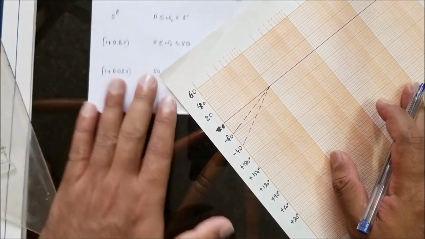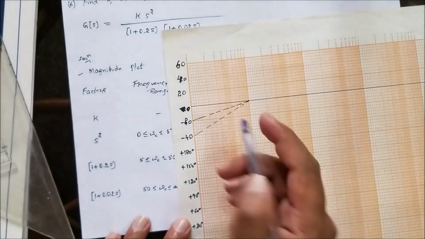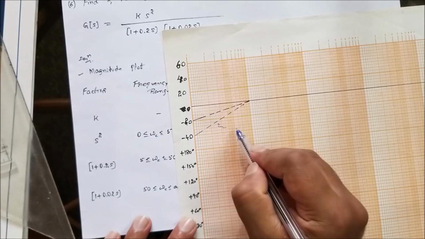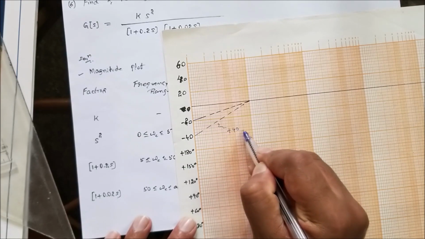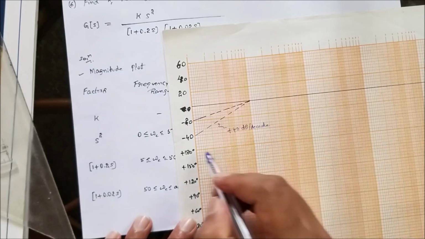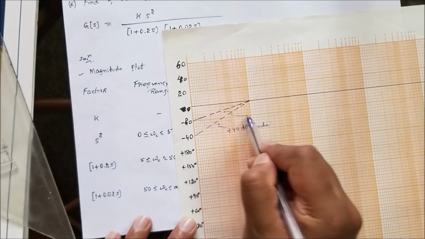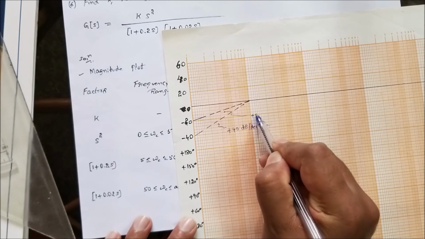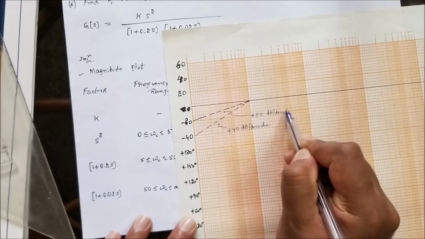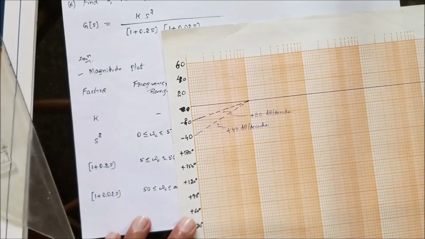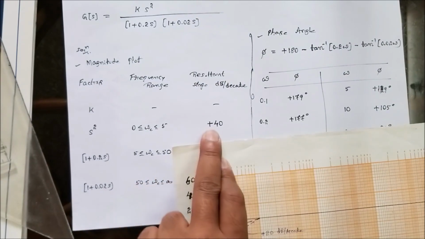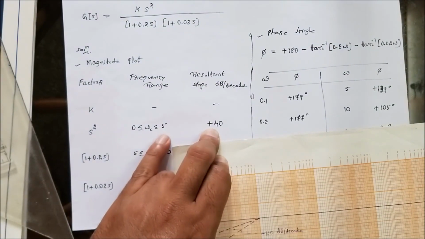Connected. So these two gave us the positive slopes, that is, this is nothing but plus 40 decibels per decade, and this is nothing but plus 20 decibels per decade.